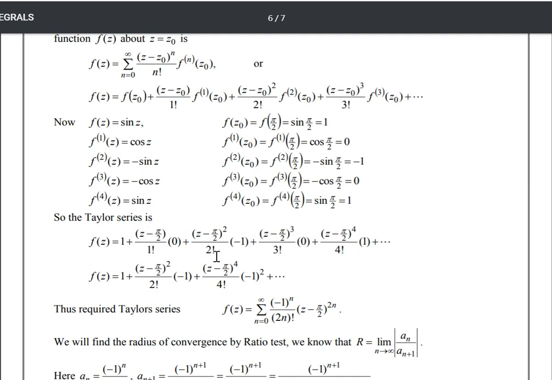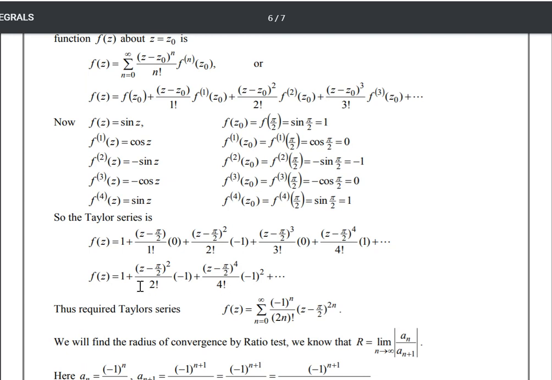This one is the Taylor series of the function sine of z about the center, here the center is pi by 2. This series can be written in summation form. Note that easily we can write: the first term is positive, the second term is negative, the third is positive and so on.